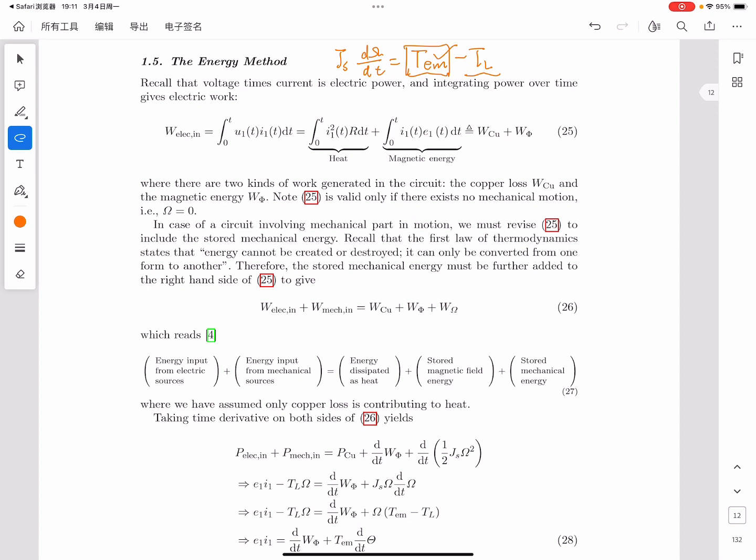To do that, we are going to assume we don't know the law of Lorentz force or Ampere's force. We are simply using the conservation of energy to derive an expression for our torque.